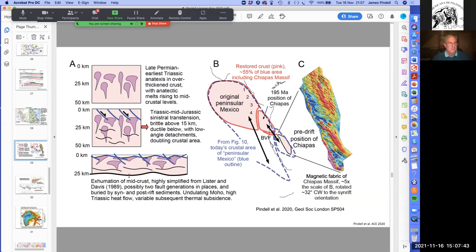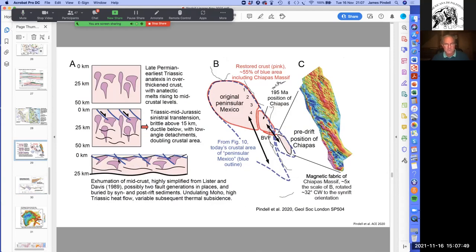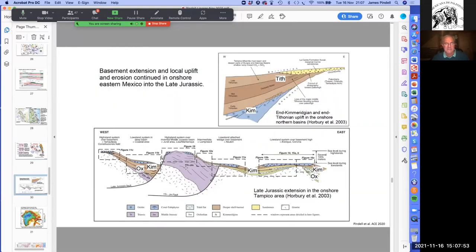Okay, so now let's look at the age of this faulting that we were just talking about. All of these faults that we're talking about, making accommodation space for the sedimentation, which would eventually bury that basement. These faults appear to come up into Oxfordian, Kimmeridgian, and sometimes even Tithonian time.